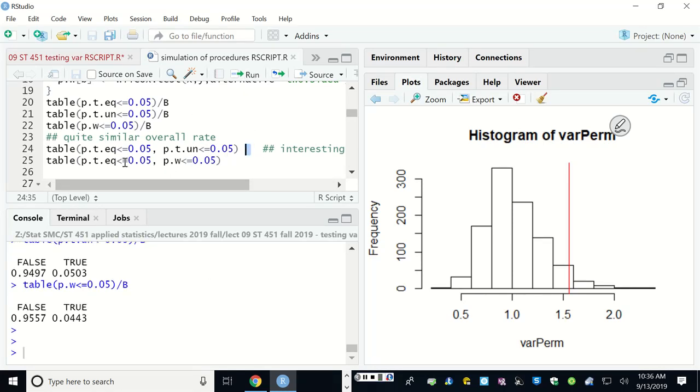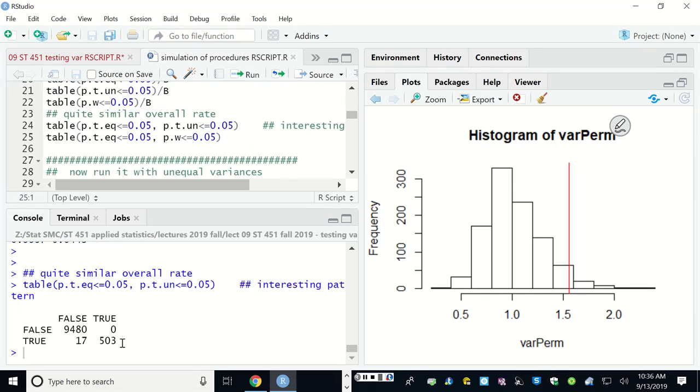If you tabulate, there we go. This is a table. On the left is, do you reject when it's equal, true or false? And on the right, do you reject when it's unequal, true or false? Mostly for the same data sets, they're doing the same action. It's just that the equal one rejects a little bit more often on a few data sets.